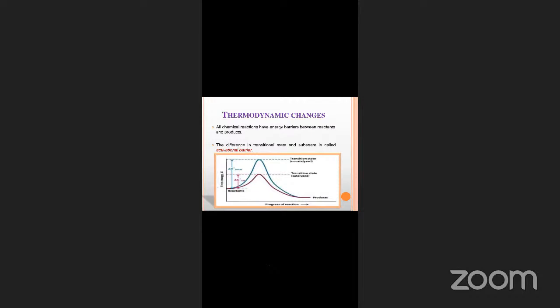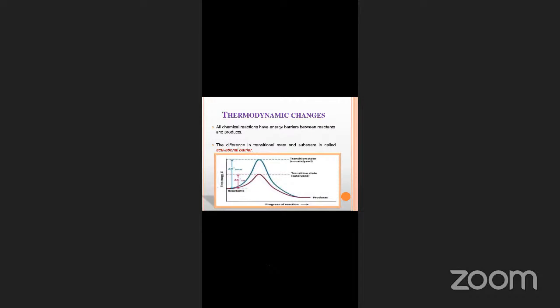Okay. So here, if you see the graph clearly, the first reaction, that is the green color peak. There are reactants, and to convert from reactants into product, they require a lot of energy.